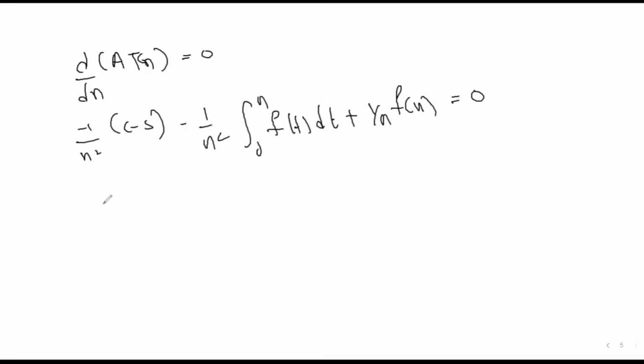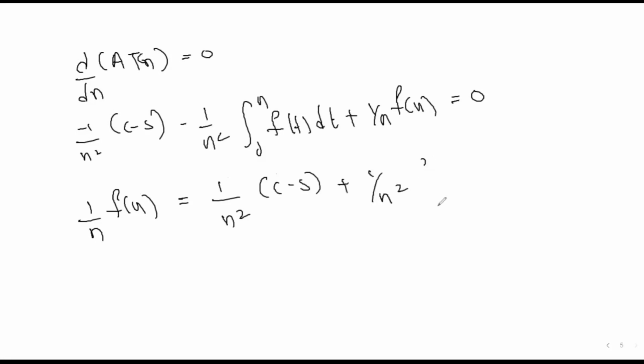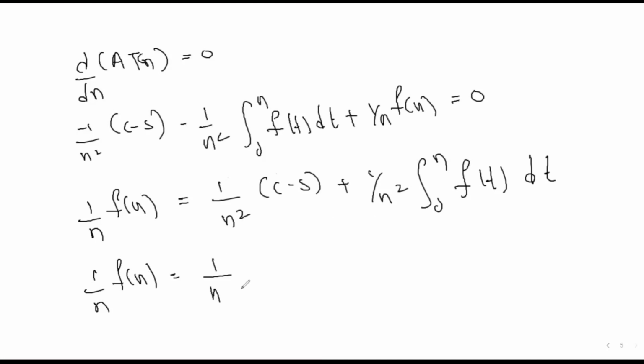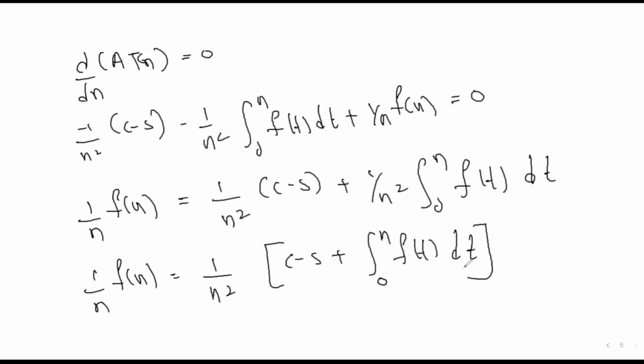Then 1 by n f of n I will keep the same. Then I will take these two terms from LHS to RHS, that is equal to 1 divided by n square into C minus S plus 1 divided by n square integration from 0 to n f of t dt. So here, 1 by n square is common. I will take 1 by n square as common. Then I am left with C minus S plus integration 0 to n f of t dt, right?